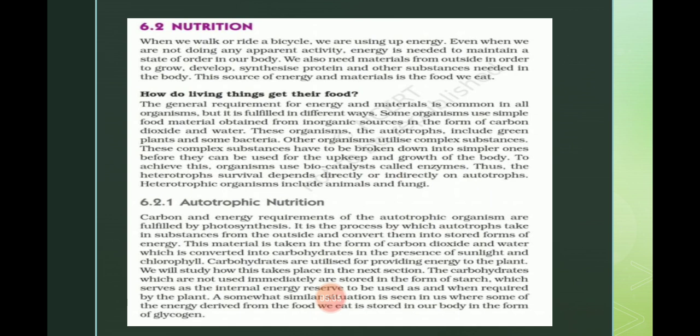This mode of nutrition is carried out by plants in the presence of solar energy and the chemical molecule which is present in the chloroplast of their cells, that is chlorophyll. Other than that, some microorganisms like bacteria even perform the autotrophic mode of nutrition.